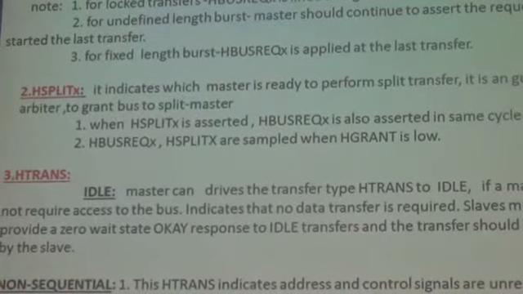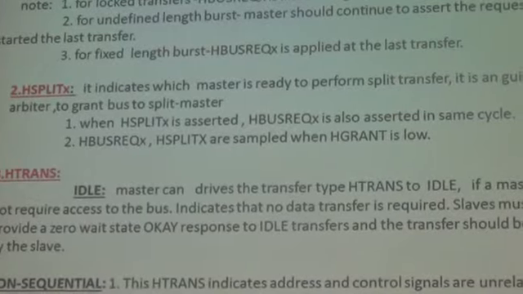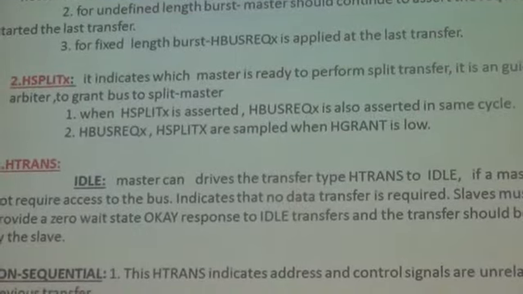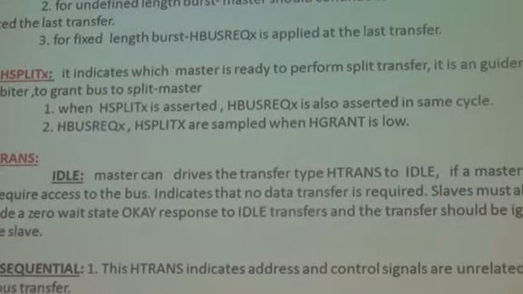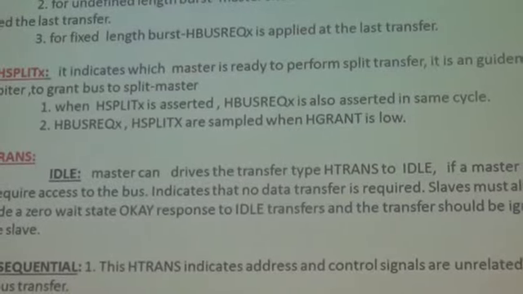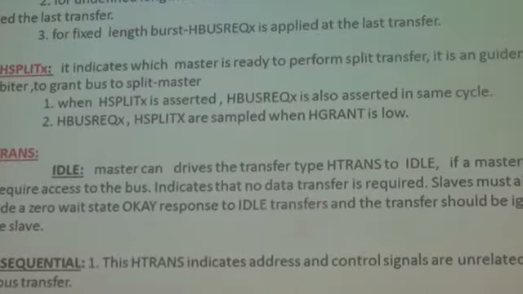It is mainly used when we are performing a split transfer in AHB. When it is asserted, HBUSREQ must also be asserted in the same cycle, and HBUSREQ and HSPLITx are sampled when HGRANT is low.